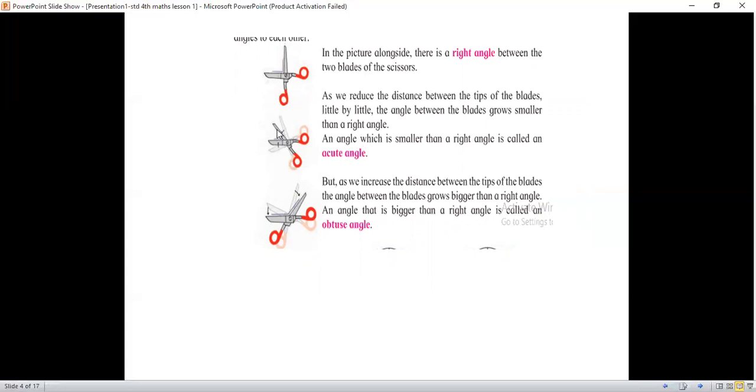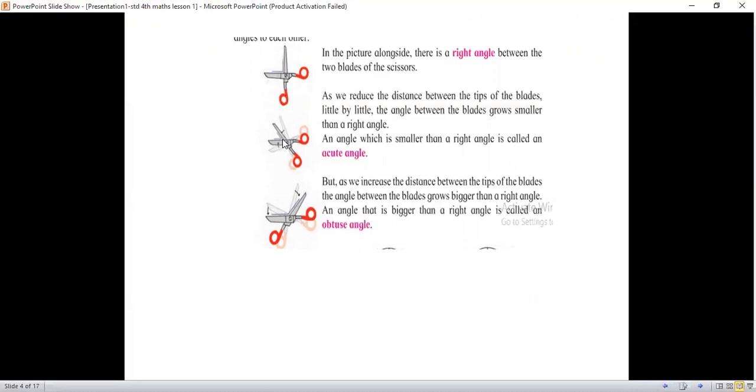When you spread the two blades of the scissor in a smaller way, you will get the acute angle. And when you spread the two blades wider, then it becomes an obtuse angle. You can see this is an obtuse angle and this is the acute angle and this is the right angle.